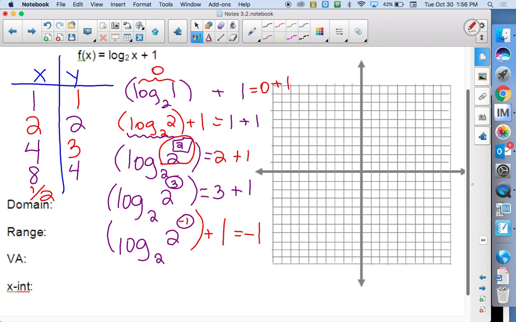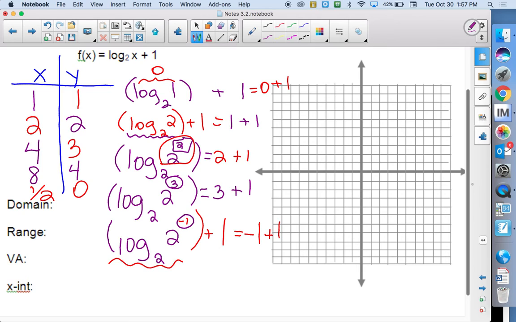The inside part is negative 1, and negative 1 plus 1 is 0. That is totally different thinking. It's weird, but I'm relying on those properties and the bases. It really focuses on the bases and the properties.